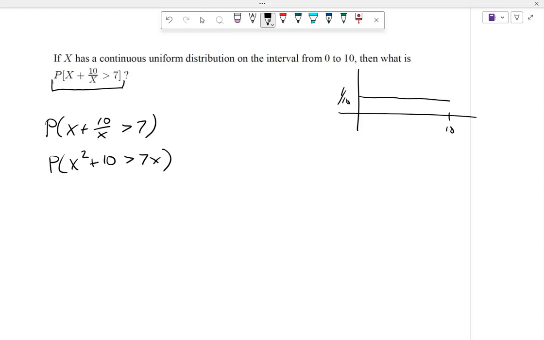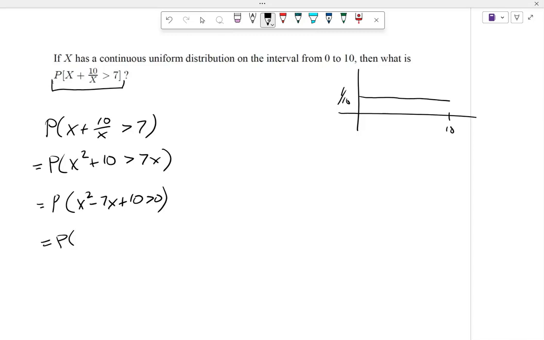Now what do you think you might want to do? If that were an equal sign rather than a greater than sign, what would you do? Yeah, move the 7x over, because what do you want to do now? Factor.